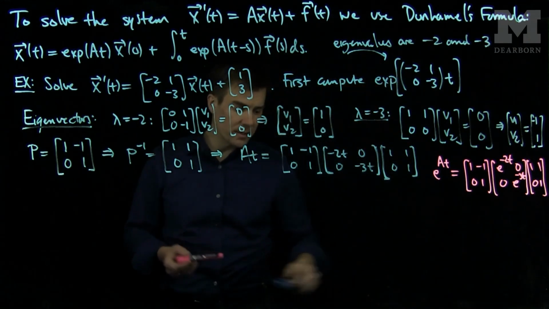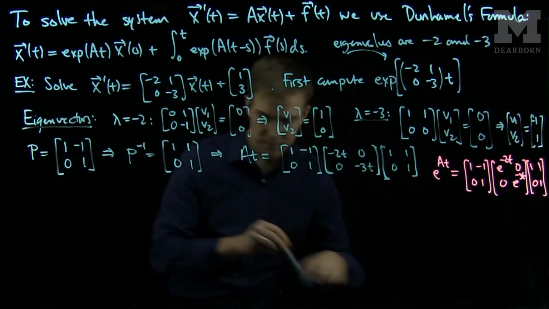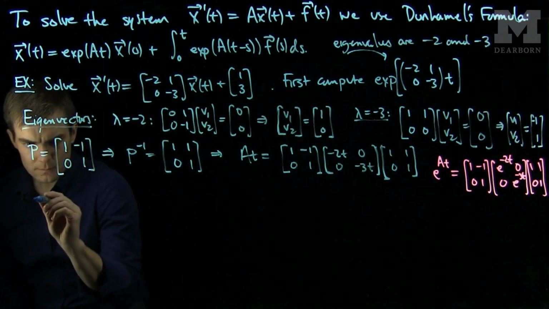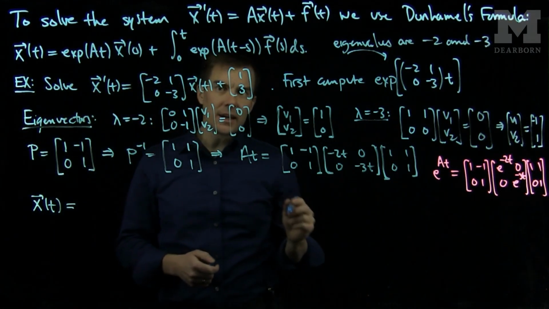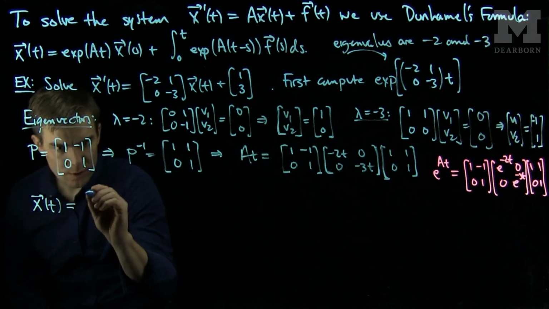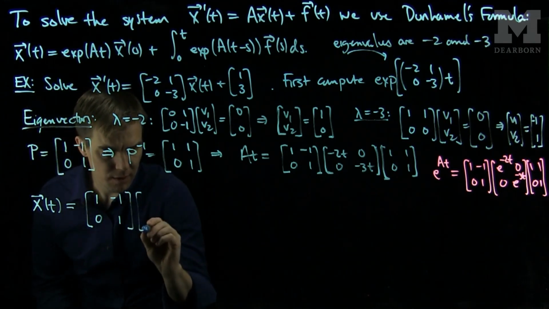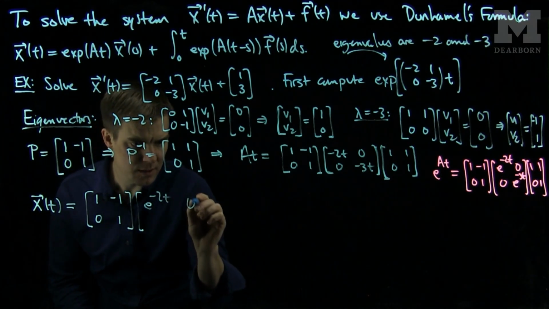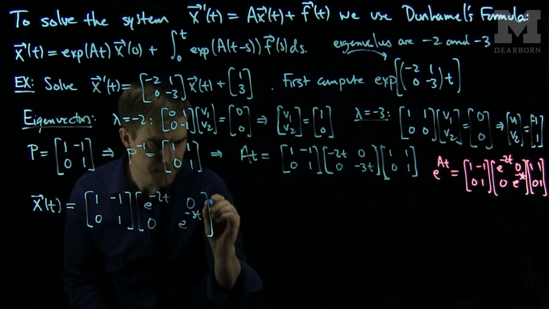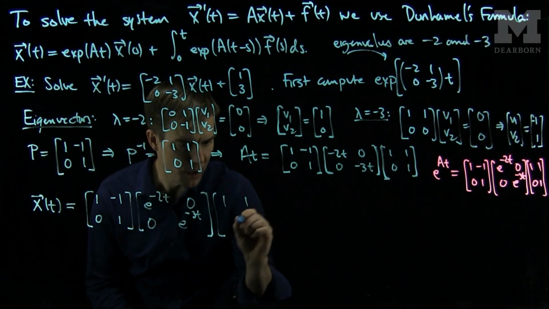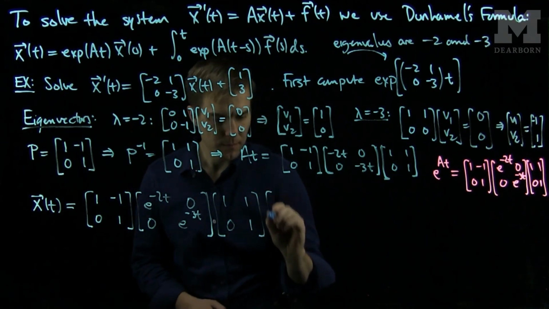From this, I can now apply Duhamel's formula. Duhamel's formula tells me that x of t will be e to the At x of 0. So it will be the matrix 1, negative 1, 0, 1, then e to the negative 2t, 0, 0, e to the negative 3t, 1, 1, 0, 1, then x of 0, y of 0.